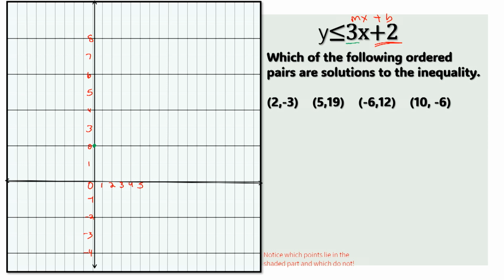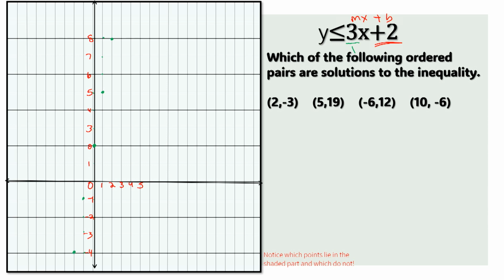Since I just have one number, I can make that a fraction, rise over run, by putting a 1 under it. So I'm going to go up 3, 1, 2, 3, and over 1. I can also go down 3 and back over 1.